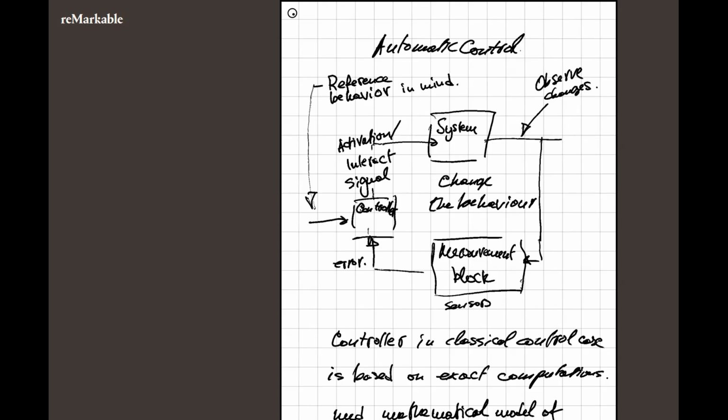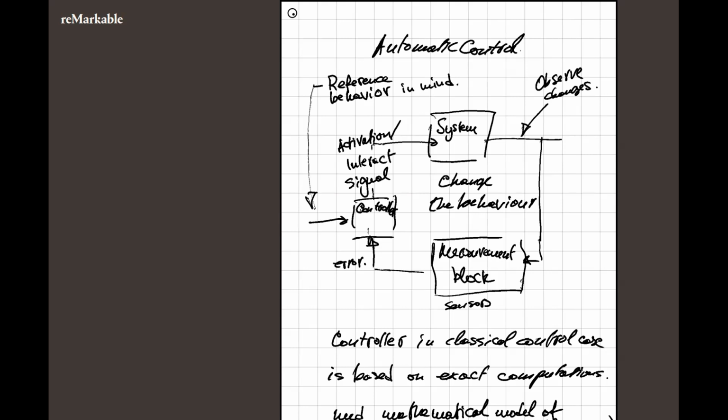this target system dynamics. So basically, applying something will result in some changes of a system over time.